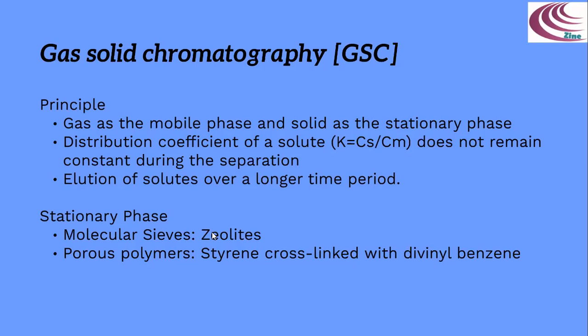The bigger molecules cannot enter the interstices of the sieve. Thus, for the smaller molecules, a larger surface area is available for the adsorption as compared to that for the larger molecules. Hence, sieves can be used to separate the solutes based on their size and adsorption coefficients.